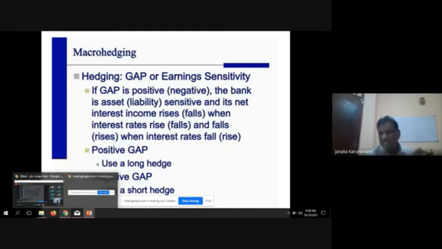So understand the principle. You can't memorize things. Now how did this happen? Asset sensitive, interest rate decline: the declining income from your assets is higher than the declining expenditure from your liabilities. That is the reason, because you have a positive gap.